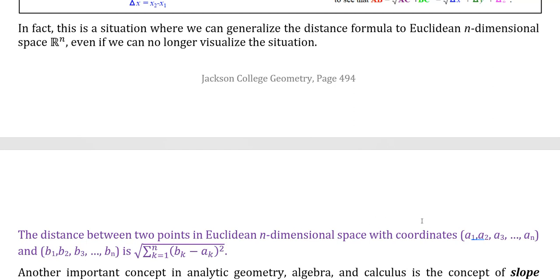So that'd be (b1 minus a1) squared plus (b2 minus a2) squared plus (b3 minus a3) squared plus, and so forth, all the way up to (bn minus an) squared. Add all those up and then finally do a square root.